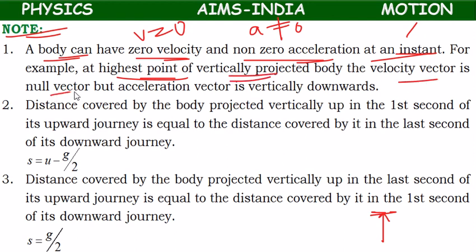But at the highest point, instead of going up, it is changing its direction towards the downside. We can observe a change in the direction of velocity, which is acceleration. So velocity is 0, but still the acceleration value is there. That happens at one instant.